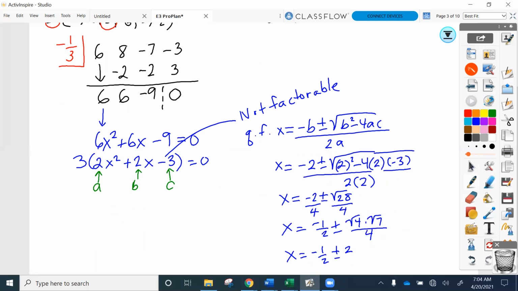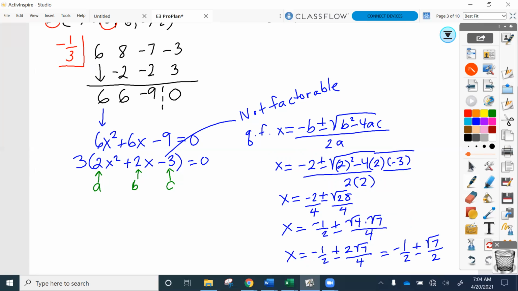So then you would have 2 root 7 over 4, which of course you can simplify even further. Since 2 and 4 make 1/2, you have root 7 over 2.